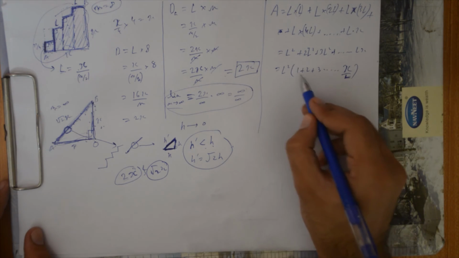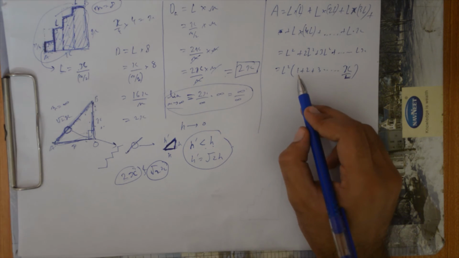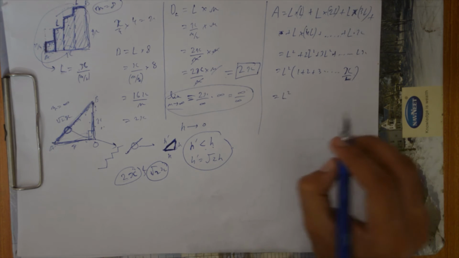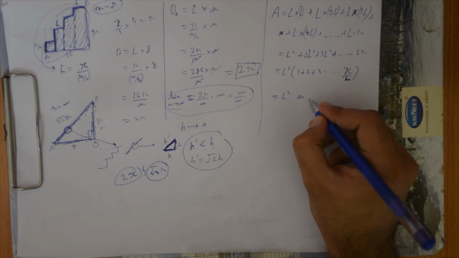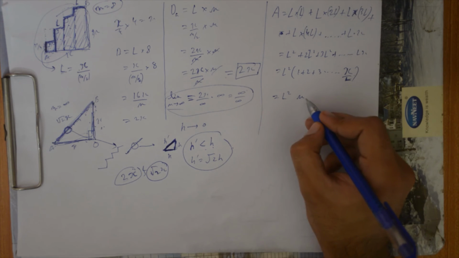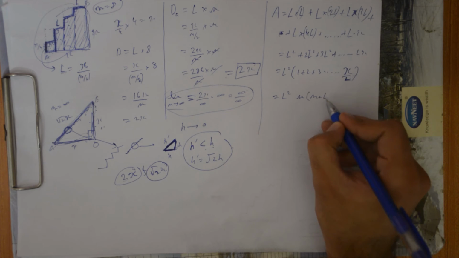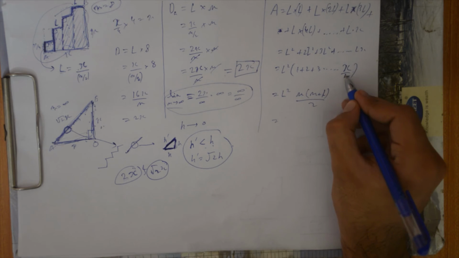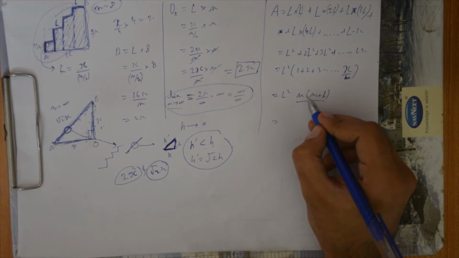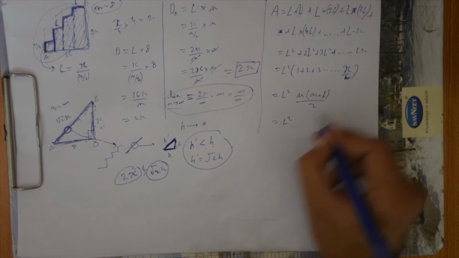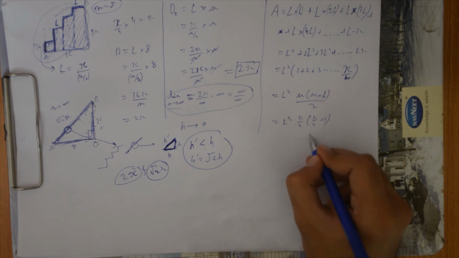This whole sequence is the sum of natural numbers, and we already know that the sum of natural numbers is n into n plus 1 by 2, where n is the total number of natural numbers. In our case n is x by L. So let us insert the value of n: x by L into x by L plus 1 over 2.